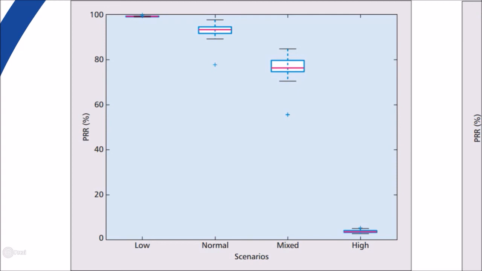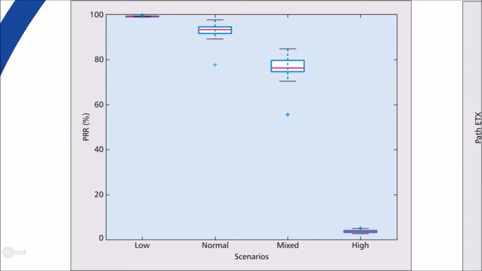The red line gives the average, which means there is about 90% PRR, so 90% of the packets will arrive at the destination node. When we go to the mixed scenario, there's already a lot more interference with those 2 nodes, and the PRR goes down to around 75%. And when we go to high, it's around 10%, and that's really bad.